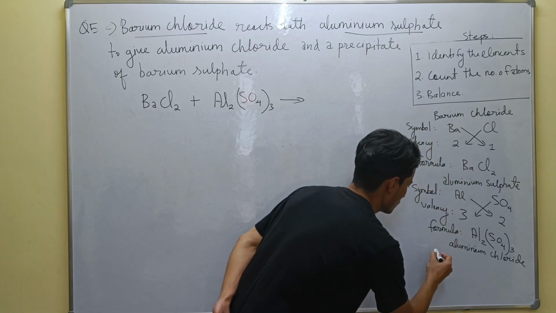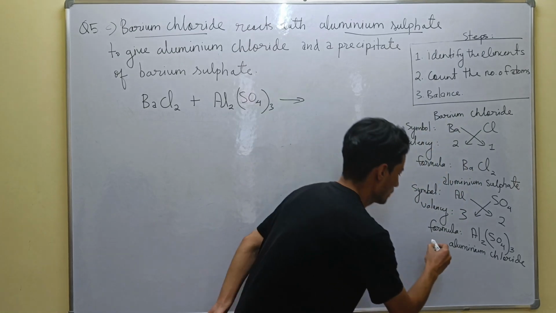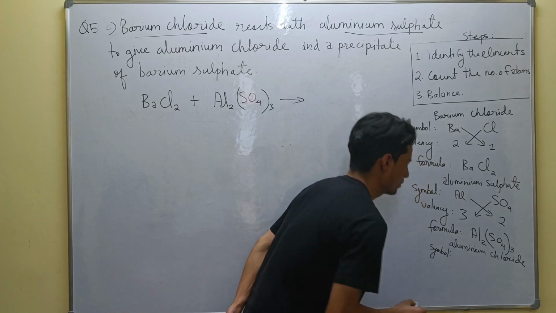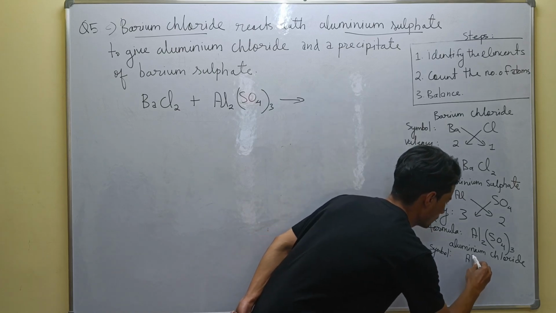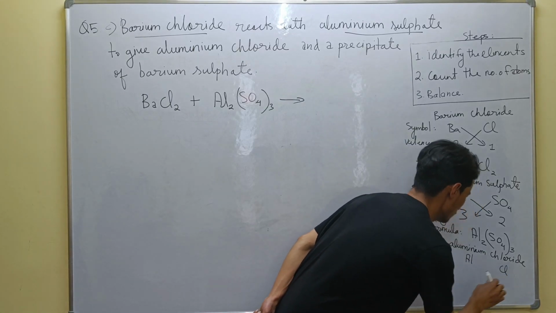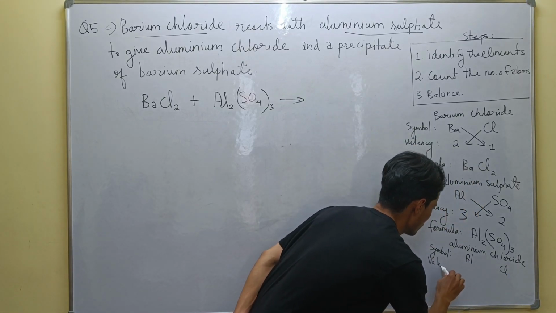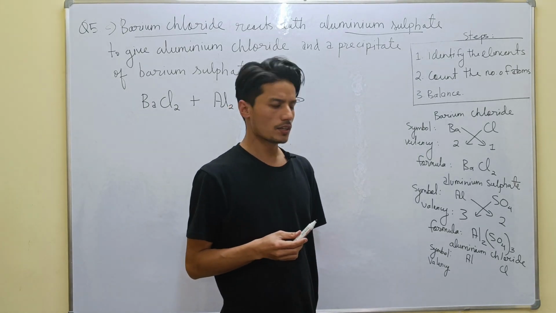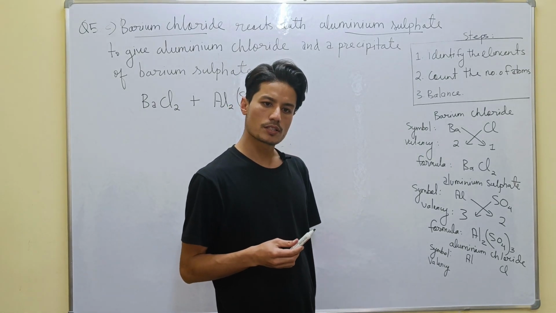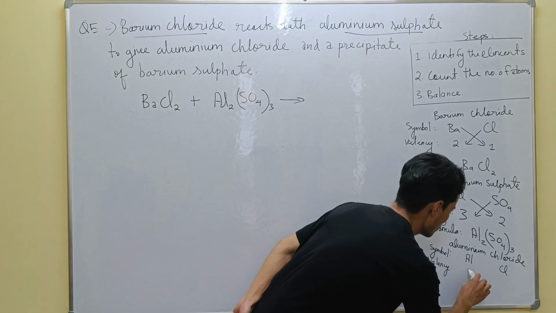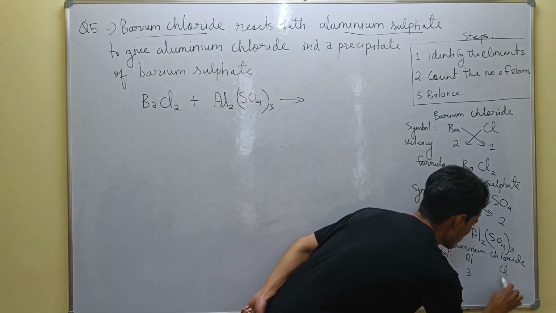The symbol of aluminum. Don't forget to write the symbol of aluminum. The symbol of aluminum is Al, and chloride will be Cl, chlorine. Then you need to write the valency. Aluminum has valency 3, chlorine has valency 1.